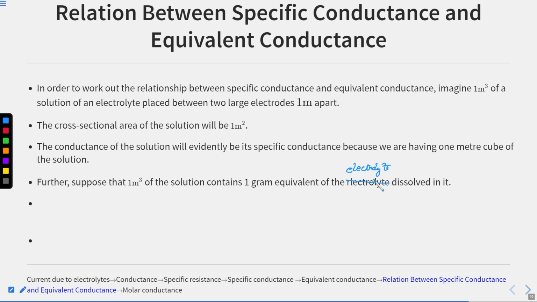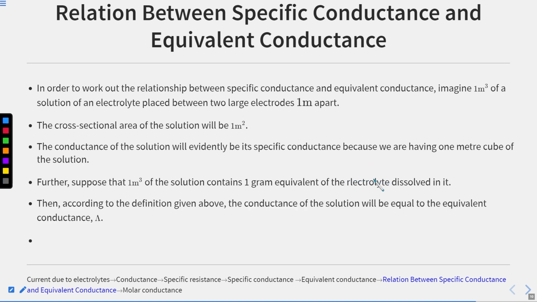Now what I'm saying is that 1 meter cube volume of that solution contains 1 gram equivalent of electrolyte. Is this clear? So what will this indicate? Now the conductance will also be equal to equivalent conductance, because the volume is kept 1 meter cube, and that 1 meter cube only contains this 1 gram equivalent.